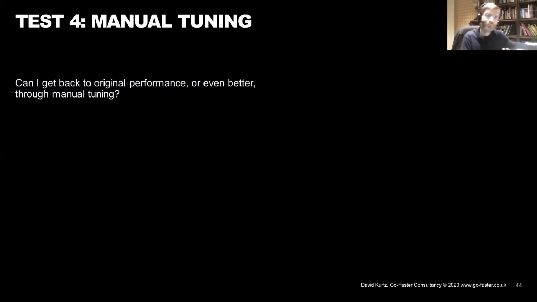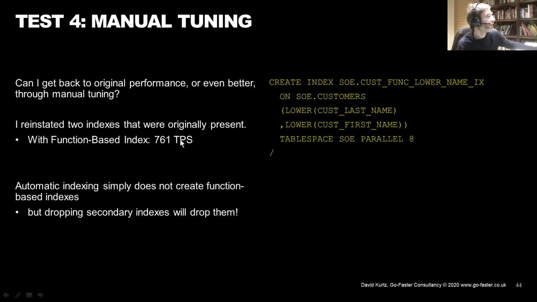Given that my job in life is to do performance tuning and tune SQL statements myself, I started to wonder, could I tune them better than automatic indexing? Could I get back to original performance, or even better, by doing what I do? So the first thing is I put back the function-based index that automatic indexing was never going to put back.